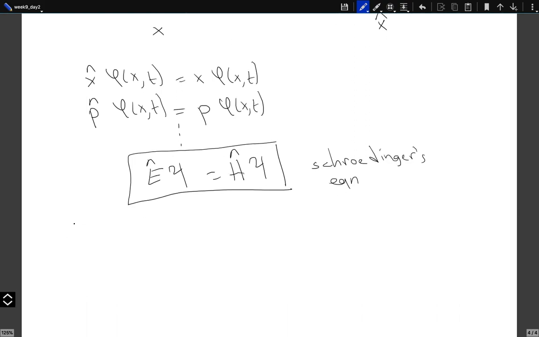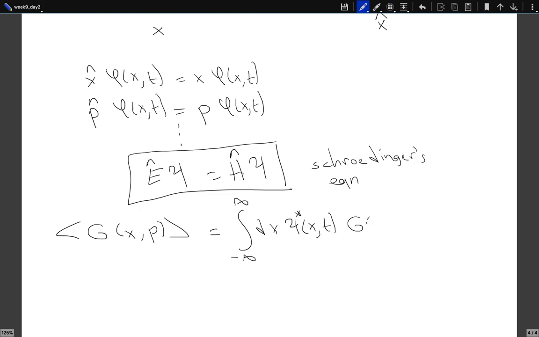Now, if you want to calculate the expectation value of any operator, let's say of position and momentum, this is just the integral over all space. Let's write down the one-dimensional example. Psi conjugate of x, t, you replace them with the operators, psi of x, t.